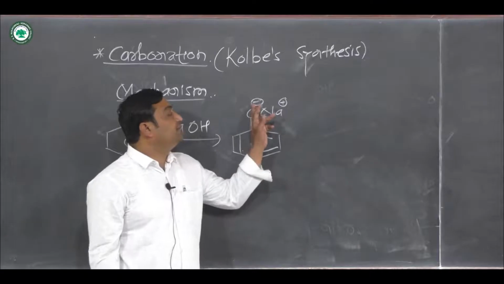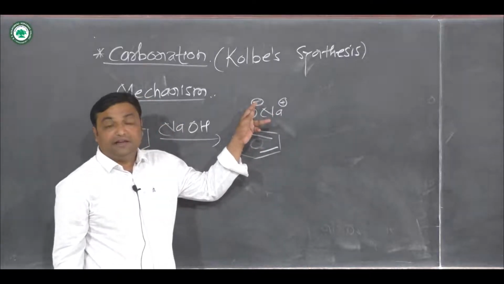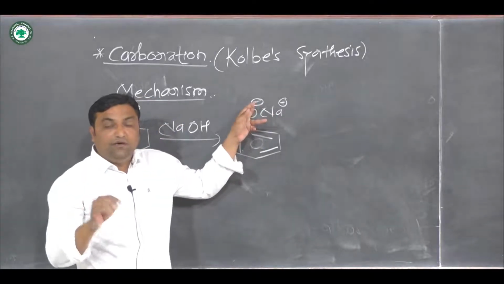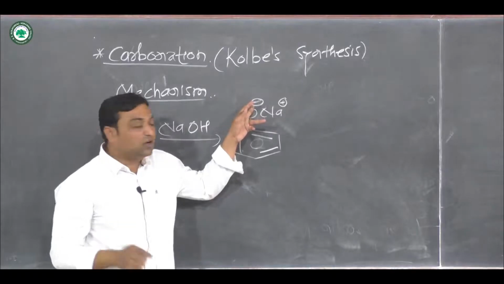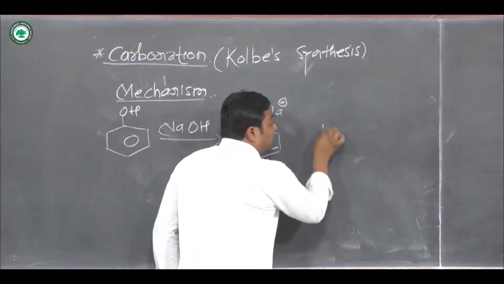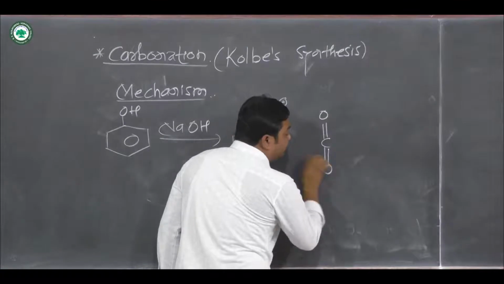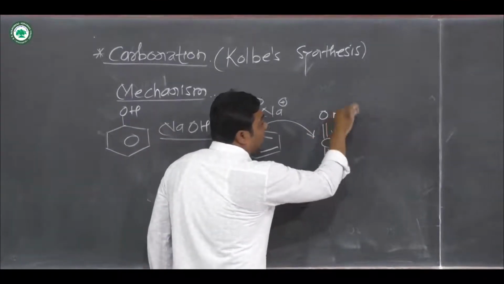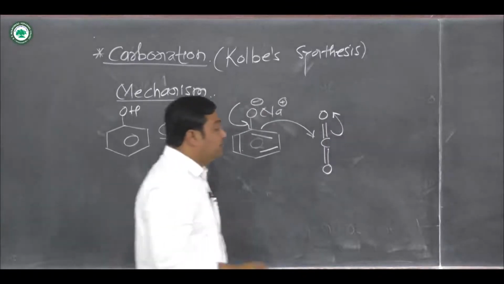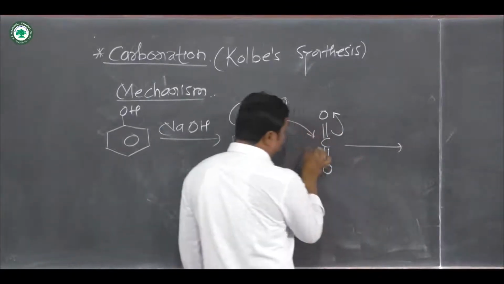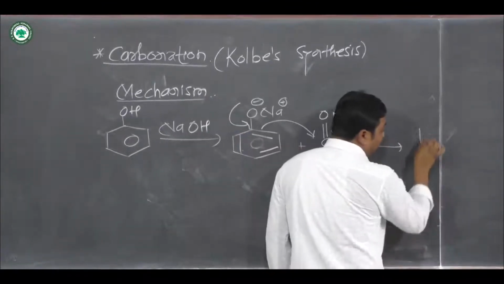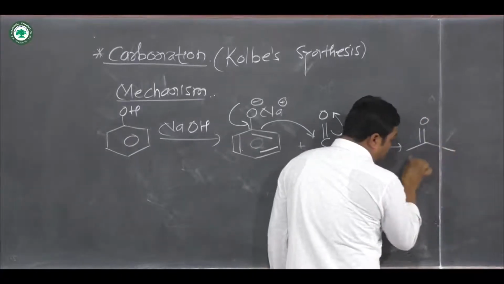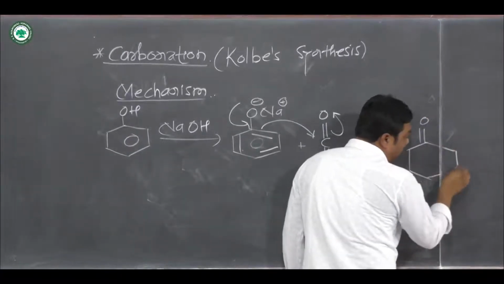Now this O negative ion, that is phenoxide ion, will attack on the electrophile CO2 molecule to form this ion.